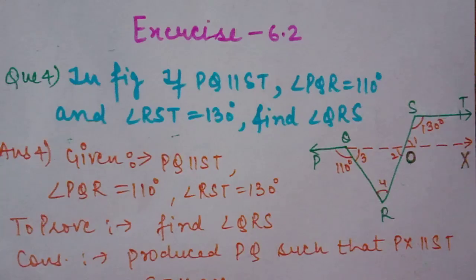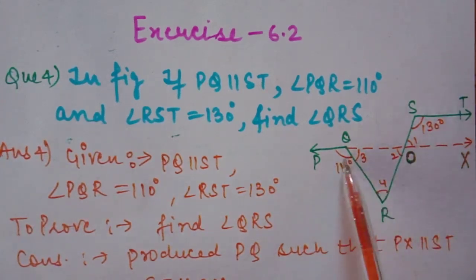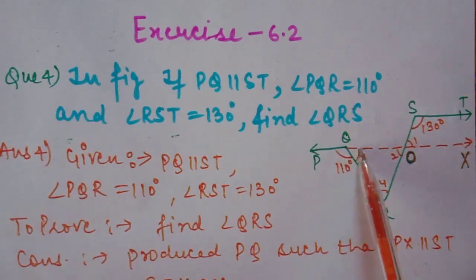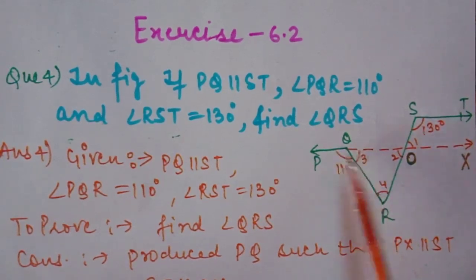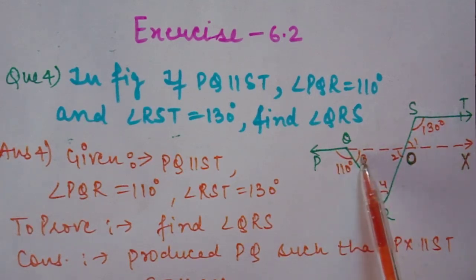Now in this diagram, angle 1 and angle 2 are vertically opposite angles, so they are equal to each other. These two angles are present on the same straight line, so they are a linear pair. So the sum of these two angles is 180 degrees.